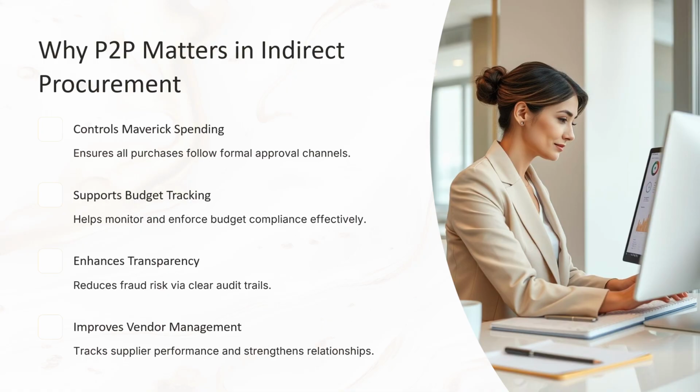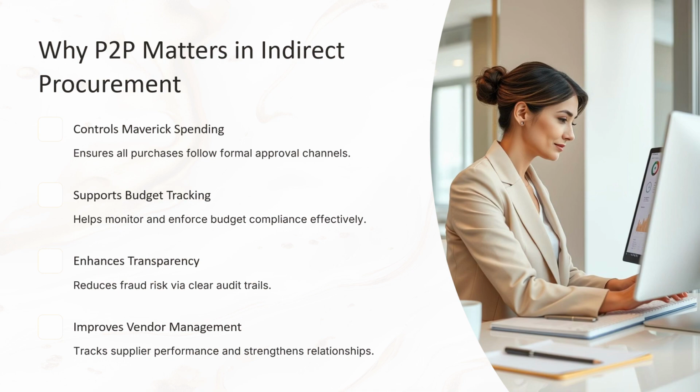Improve vendor management. Track supplier performance and strengthen the relationship, because the main idea in the P2P process is transparency. We are procuring from those suppliers who fulfill all the requirements of transparency, quality, sustainability, resilience, and flexibility.